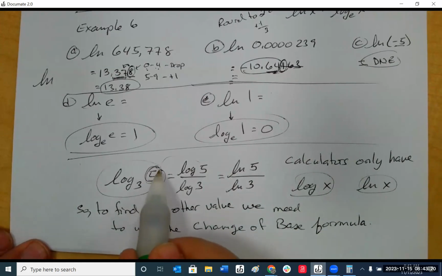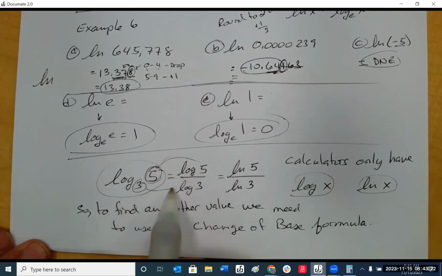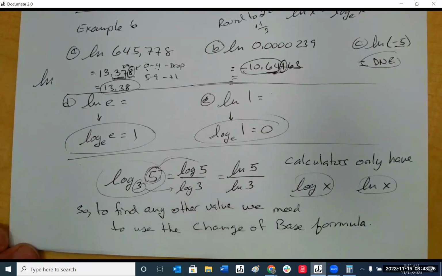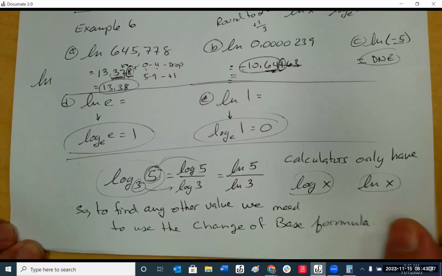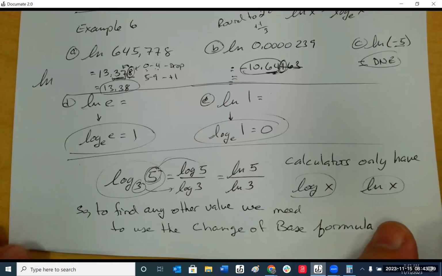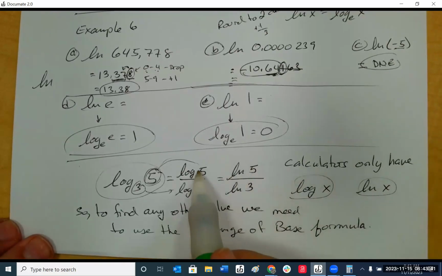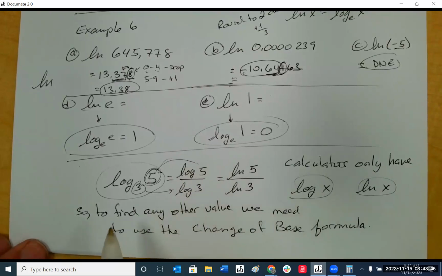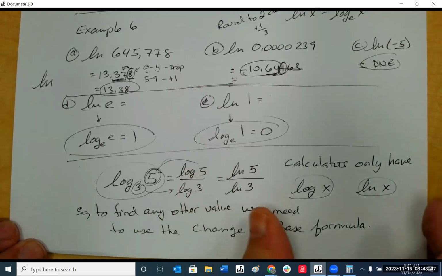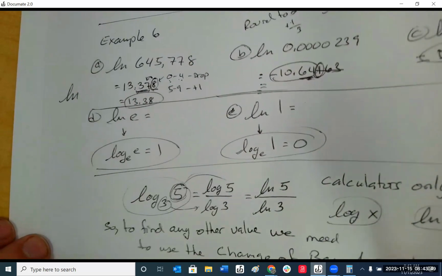So whatever the operation is goes on top, whatever the base is goes on the bottom, because it's the ratio we're looking at. So now we can use the calculator. We could do ln 5 divided by ln 3, and that's our answer. Or log base 5. That's the change of base formula.